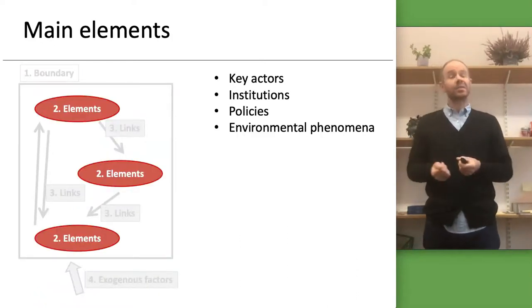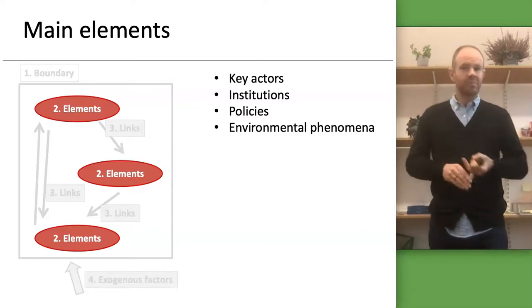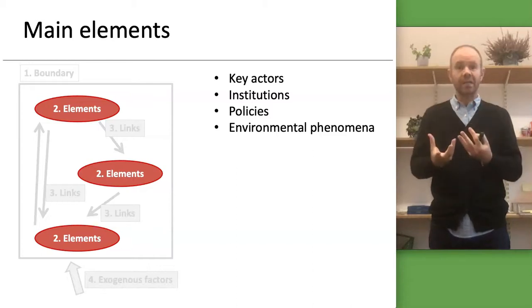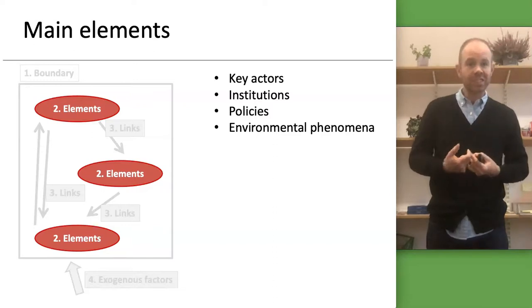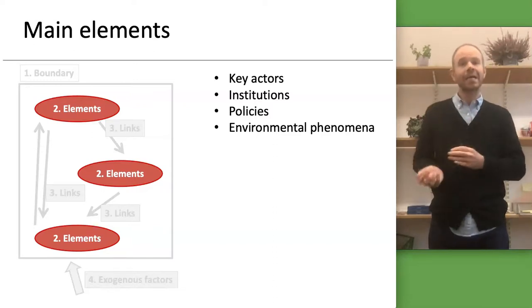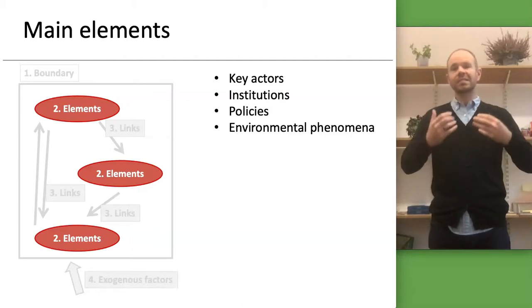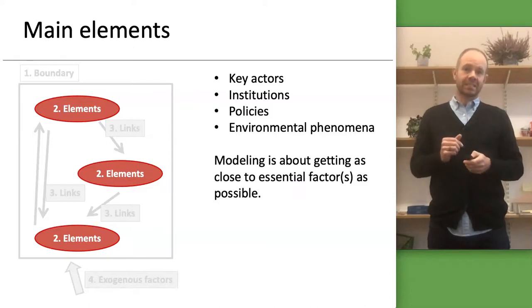These main elements could be anything. It could be key actors in the system, institutions, policies, or environmental phenomena. Sometimes we'll be looking at stocks of populations of animals, stocks of carbon dioxide. These are the parts of the system we're really interested in.